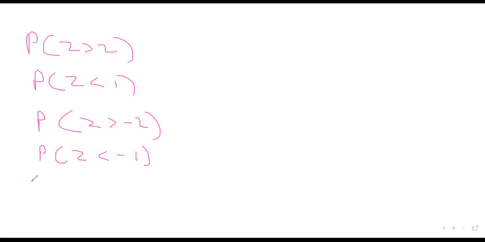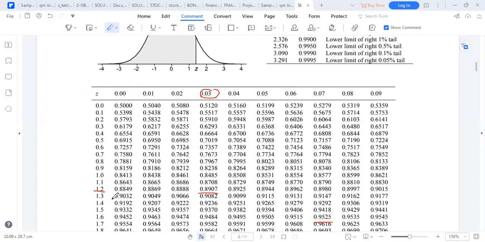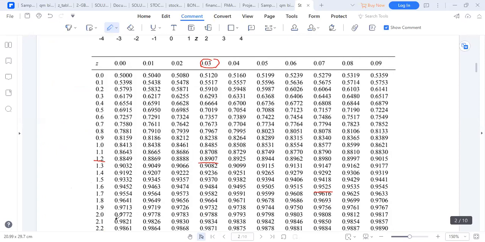We know that the z reading for 2 and the z reading for 1 are as follows: 2 is 0.9772, 1 is 0.8413. Let's verify what is the reading at 2.0. We go under 2, under 0, this is 9772. 1.0 is 8413. These are the readings for z.